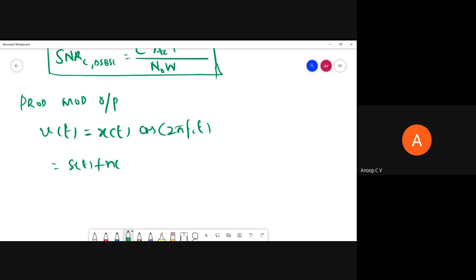This X of t is in turn S of t plus N of t, times cos 2 pi fct.